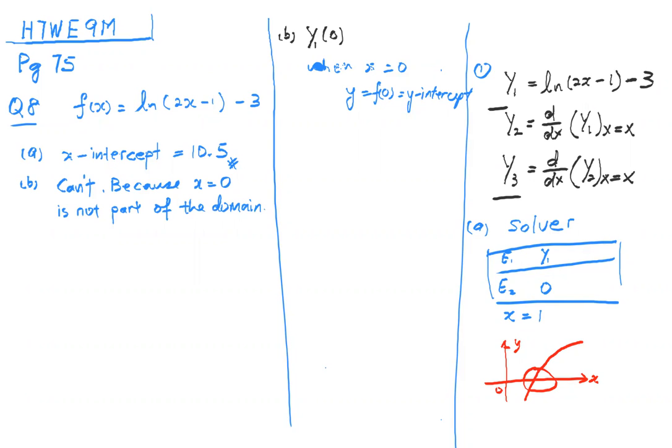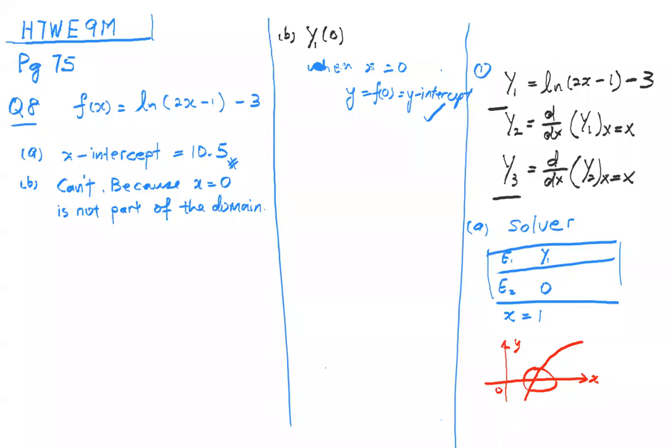So what is the significance of this result? This is the significant part of it. There is no y-intercept for this function. That is the significance.